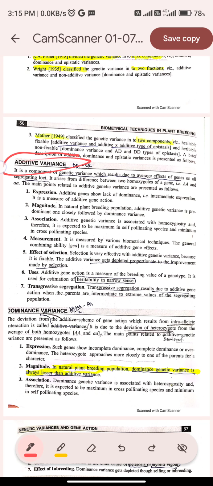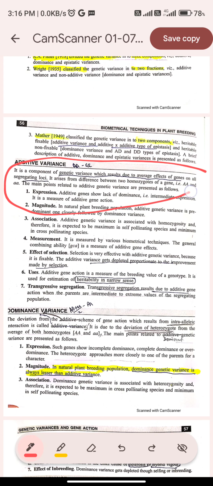First is additive variance. What is additive variance? Additive variance is the component of genetic variance that we have already seen. Genetic variance is only classified into three: additive, dominance, and epistasis. So what is additive variance mainly? It is the average effect of genes on all segregating loci.